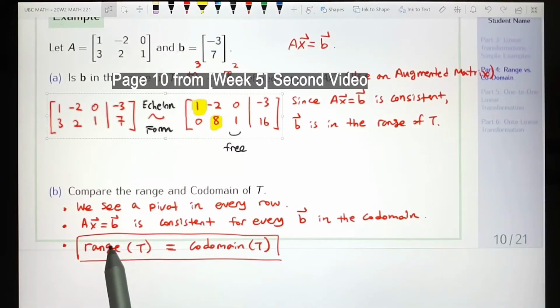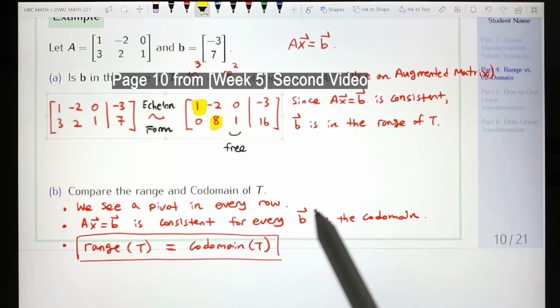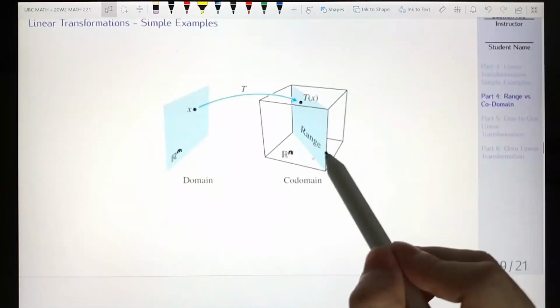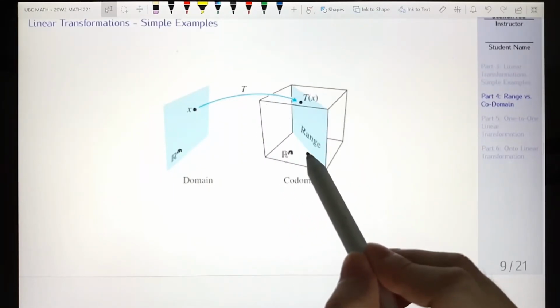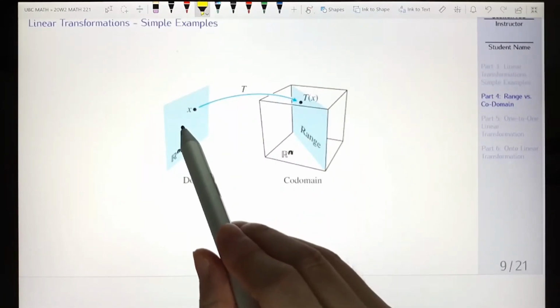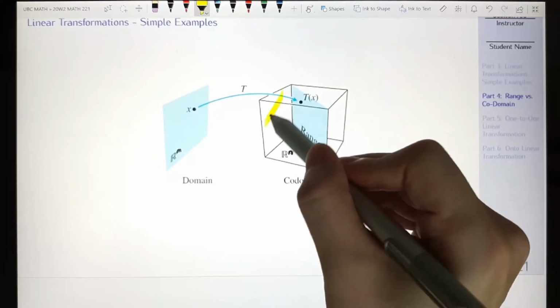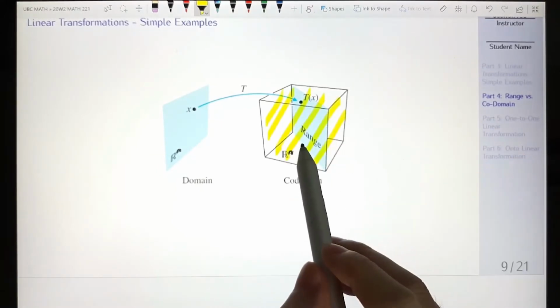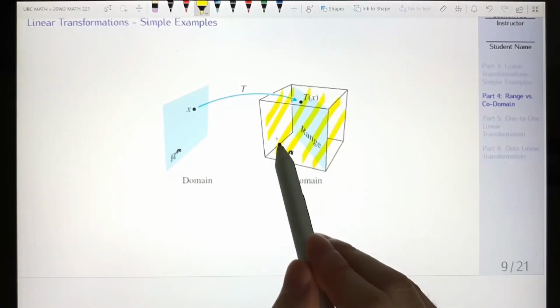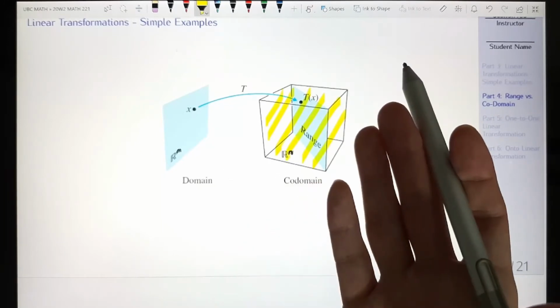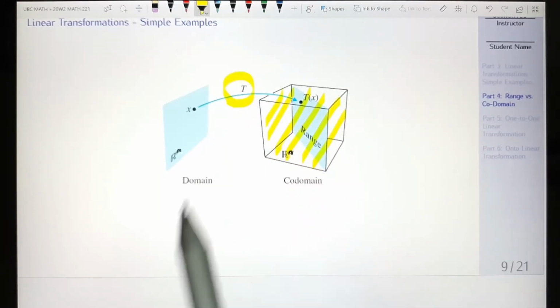If the range is equal to the codomain of the transformation T, then surely all elements in codomain are mapped by some element in the domain. So if the range is equal to the codomain, then surely our T is onto function.